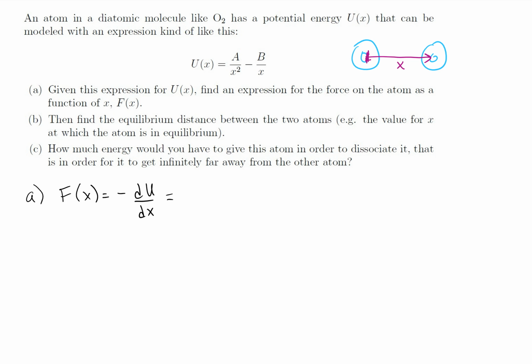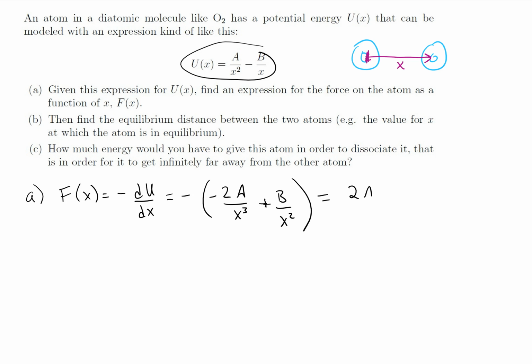And so we just have to take the derivative of this function above. So we get negative 2a over x cubed plus b over x squared. And we can simplify that to write 2a over x cubed minus b over x squared.